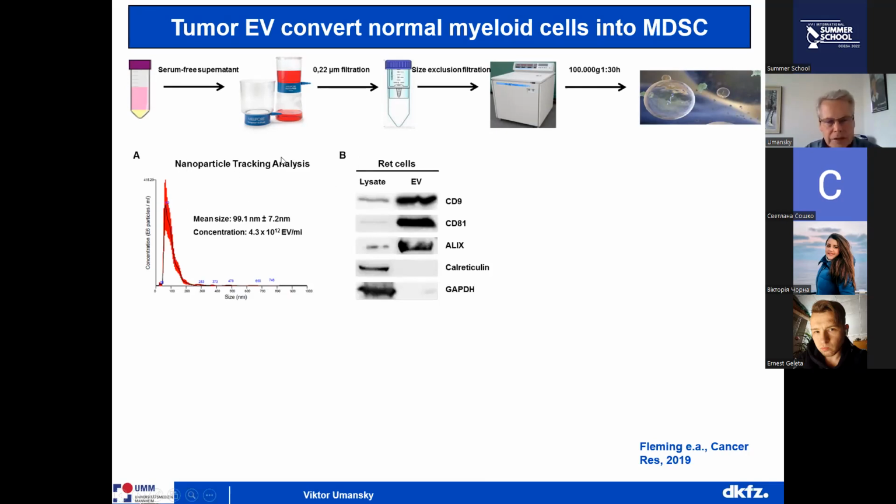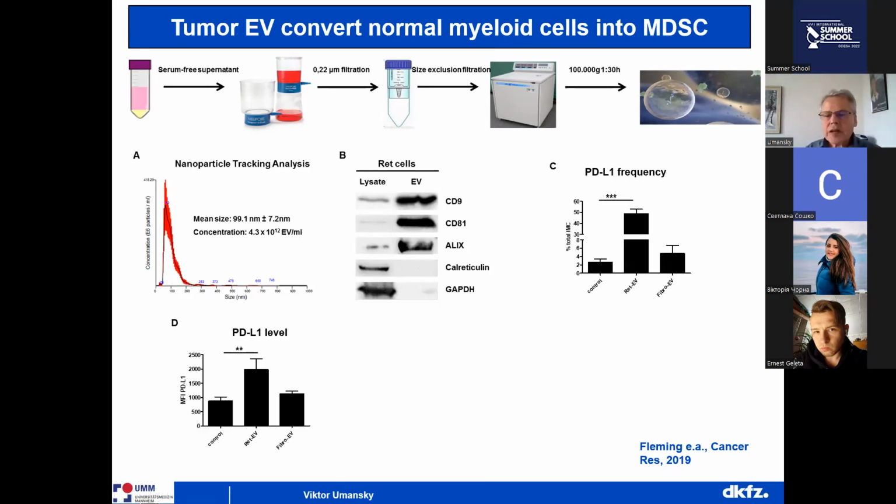You do nanoparticle tracking analysis, which can show you the size of the vesicles and also their concentration. Then you have to do a Western blot analysis to show the markers CD9, CD81, ALIX expressed on extracellular vesicles, and no calreticulin, which is typical for the lysate of these melanoma cells.